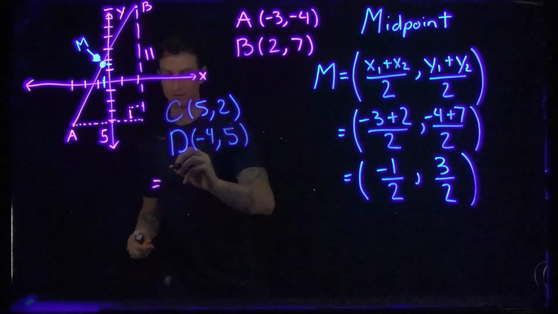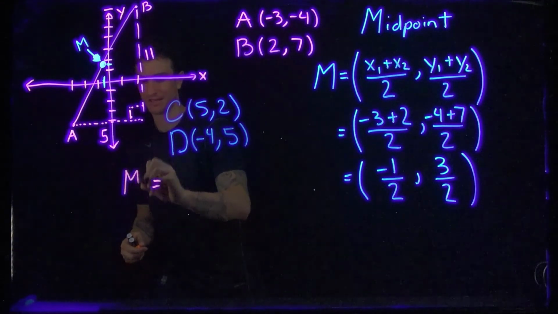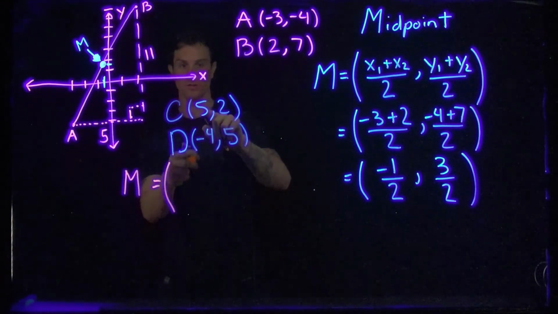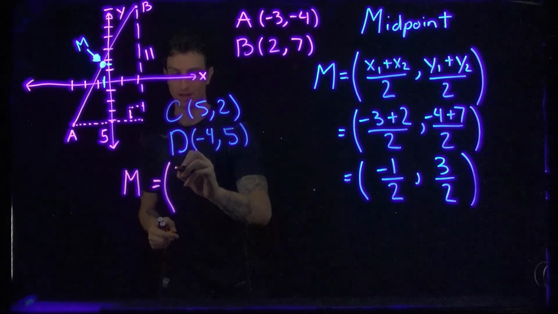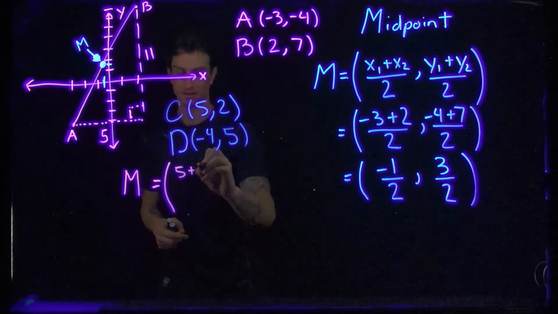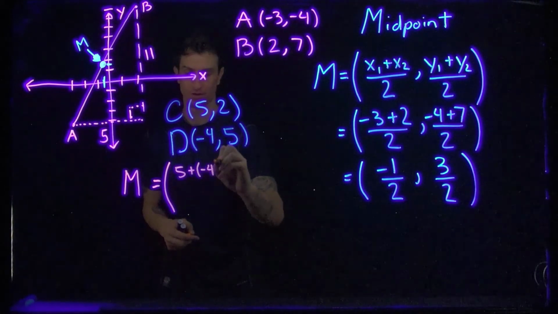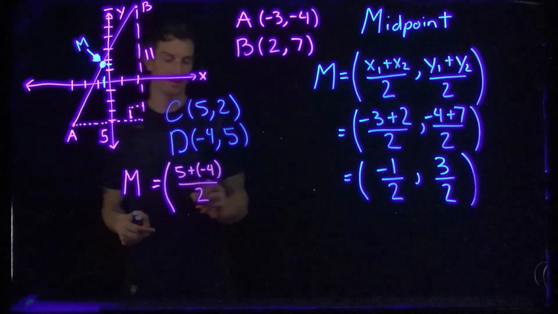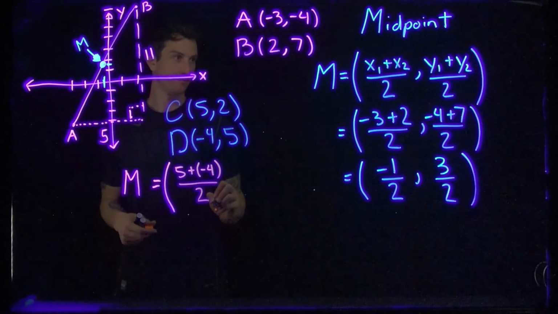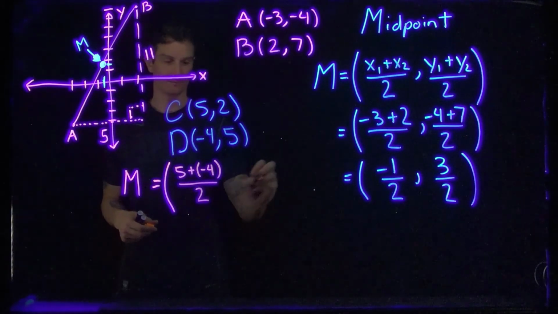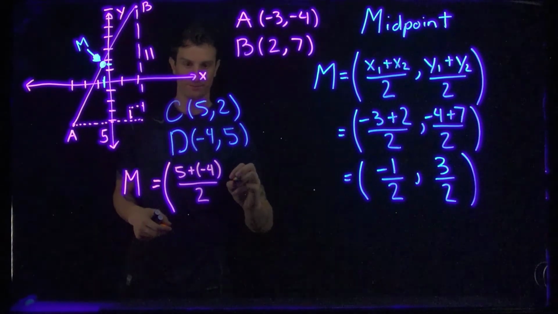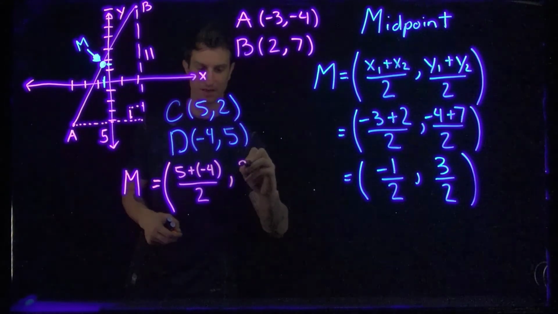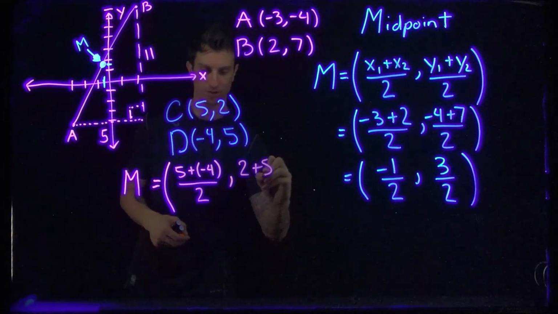So, midpoint, we'll even label it M again. x1 plus x2, we'll go a little bit quicker. So x1 and x2, 5 plus -4 over 2. Do I keep picking bad choices here? No, that's fine. Okay, comma, 2 plus 5 over 2.